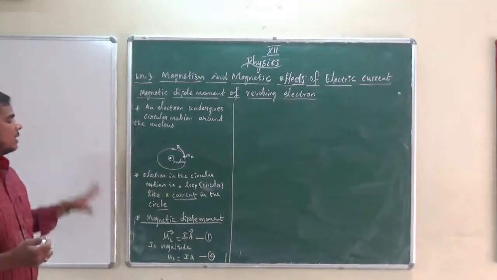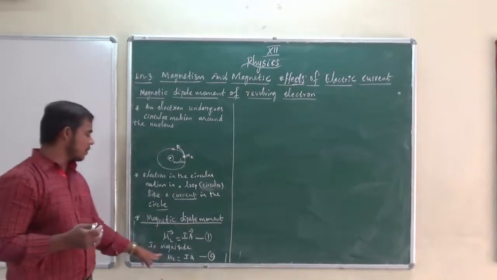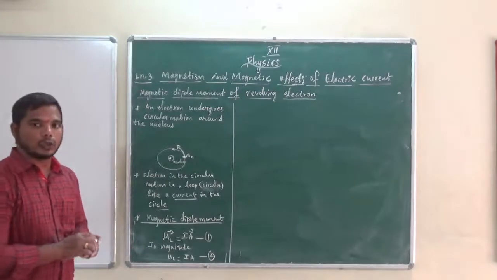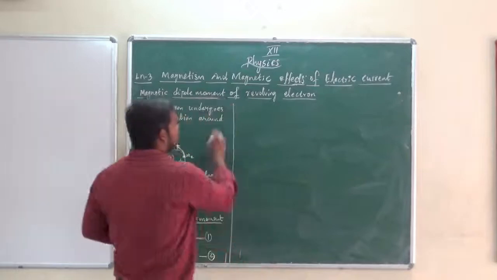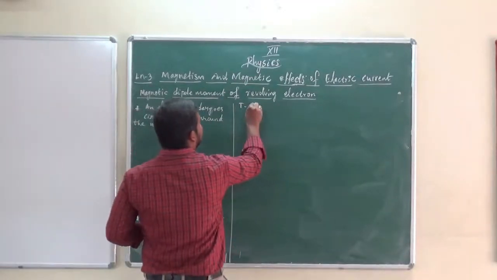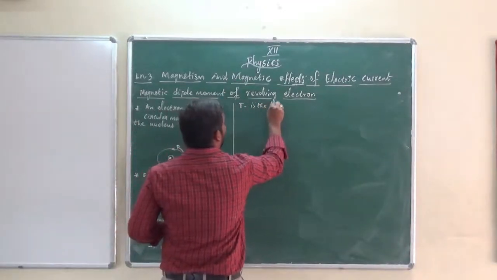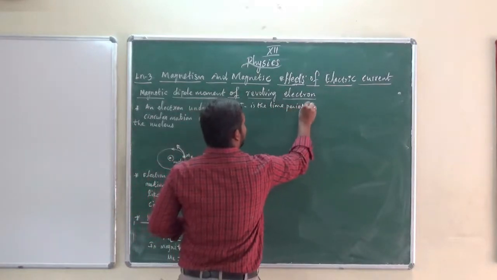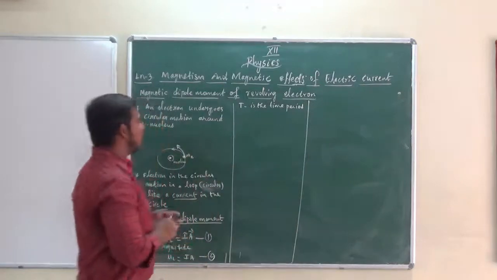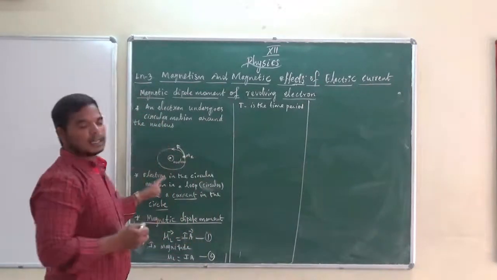Equation 1 represents the vector notation, equation number 2 represents magnitude. So, next step, time period. T is the time period: how much time is taken by the electron to complete the circle?